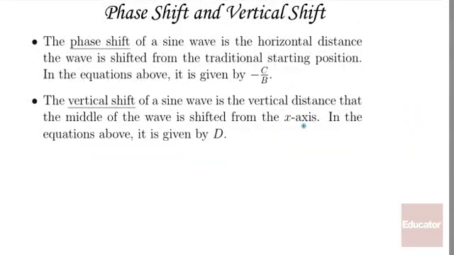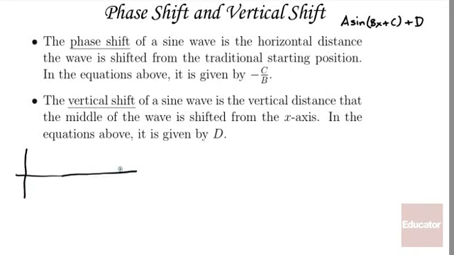Two more vocabulary words we need to learn. The phase shift of the sine wave is the horizontal distance that the wave is shifted from the traditional starting position. So let me rewrite the equation here. A sine of bx plus c plus d. The traditional starting position for sine would be at 0, 0.